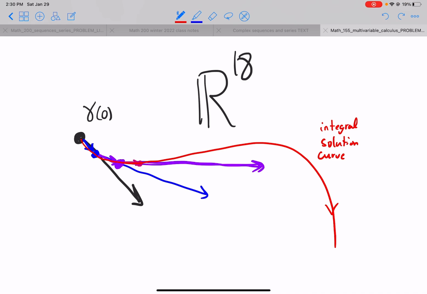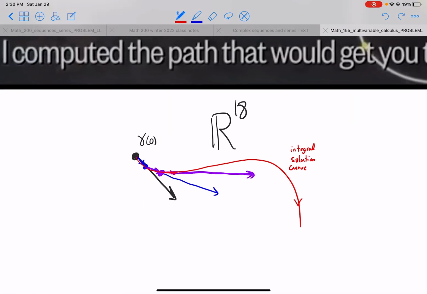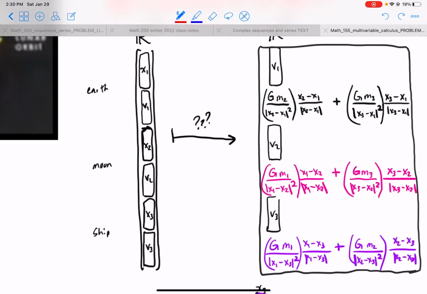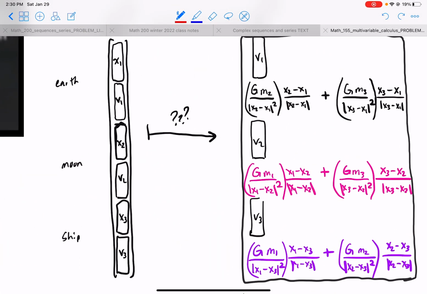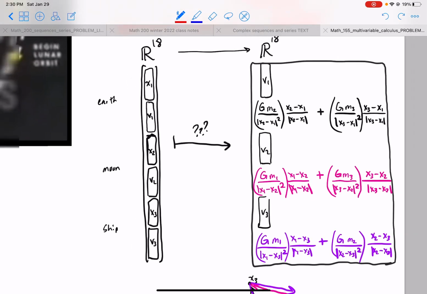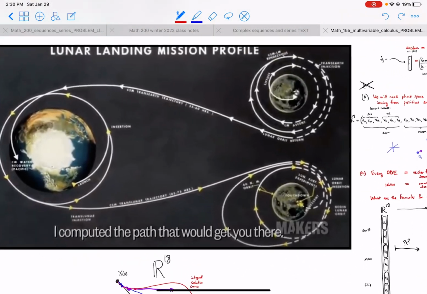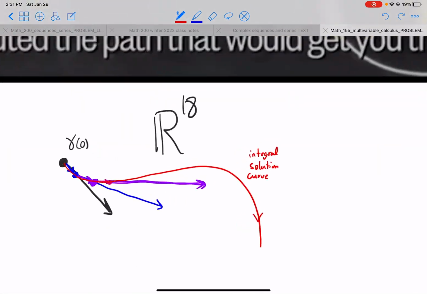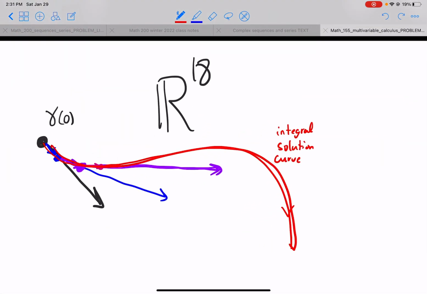So it's a curve in R18, and you can do it, provided you can write down this formula. If you are able to write down this formula in a computer, then you can get the computer to predict all the different intricacies of where the moon will be, where the spaceship will be, where the Earth will be, even though you cannot write down a formula for this curve. You can get the computer to approximate it for you by little steps. Anyway.